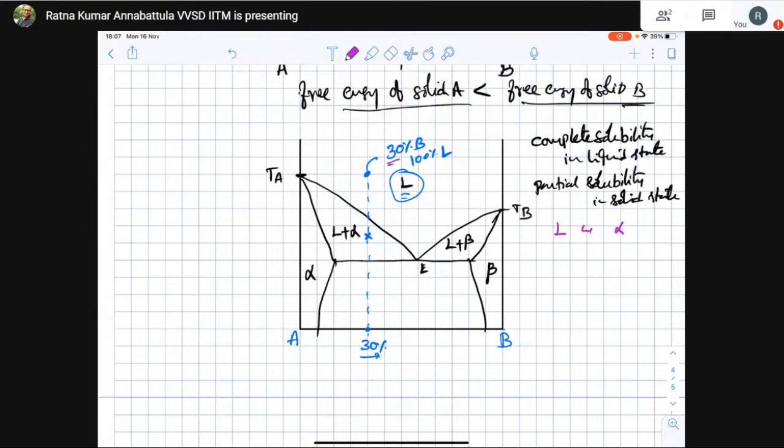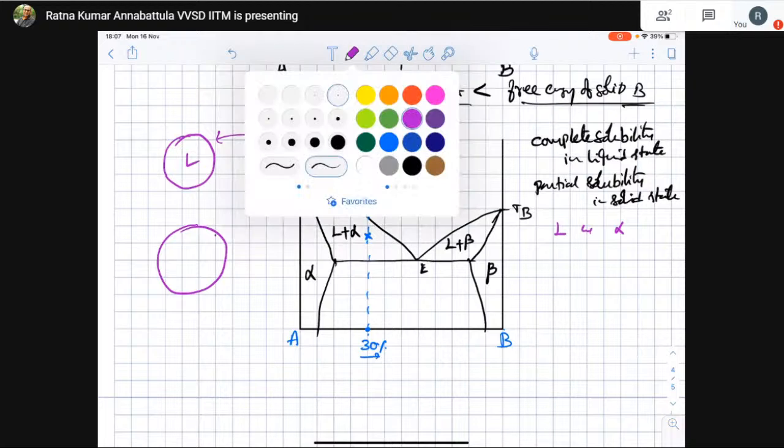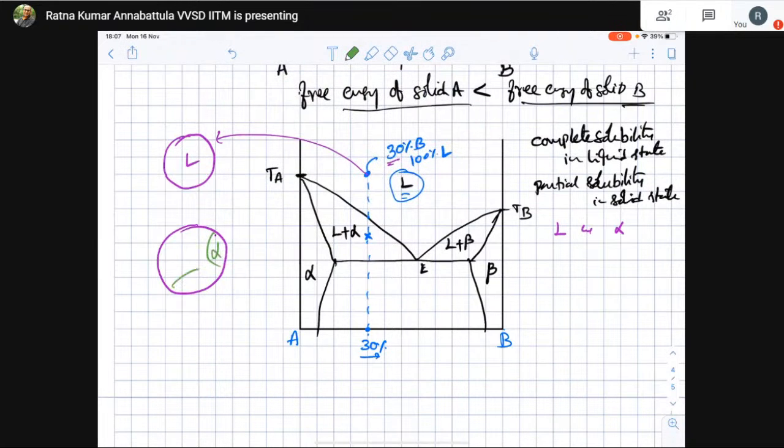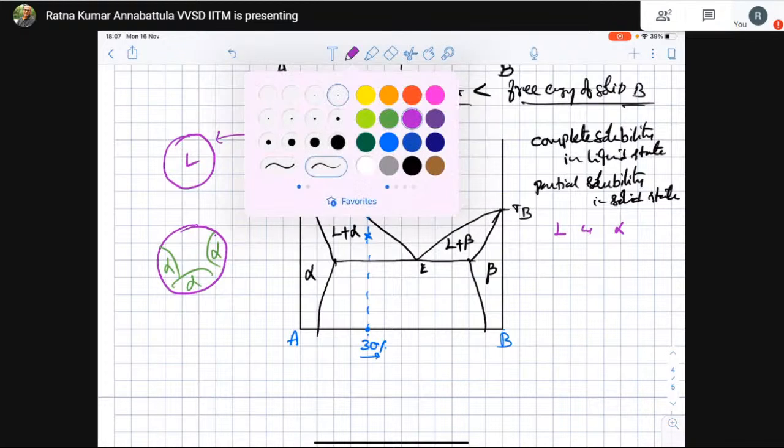But now the moment you come here, what is happening? If you would look at the microstructure, this is all liquid. And let's come here. You have liquid plus some alpha. So I am drawing alpha, this is my alpha, something like that. And the remaining thing is liquid.